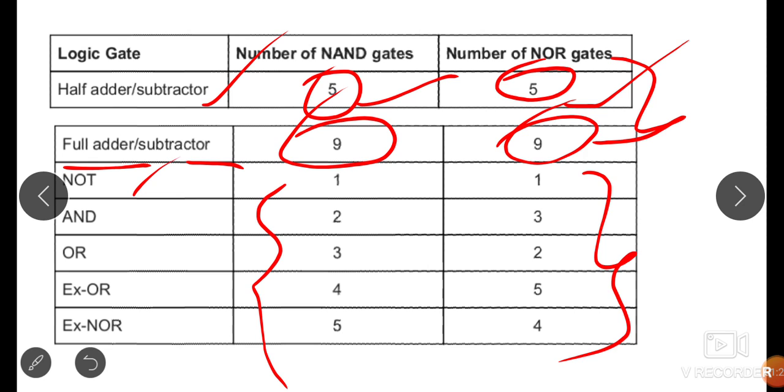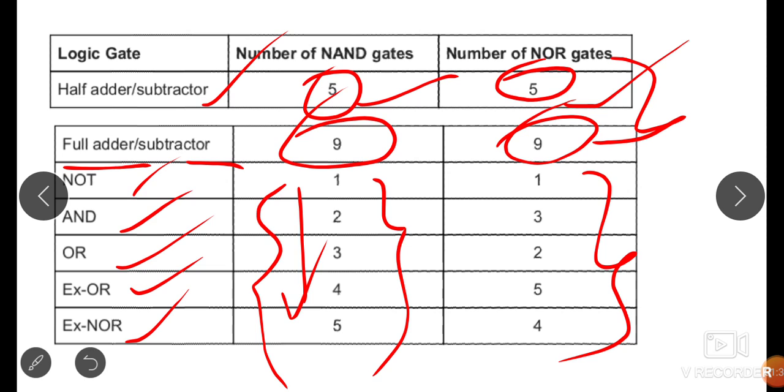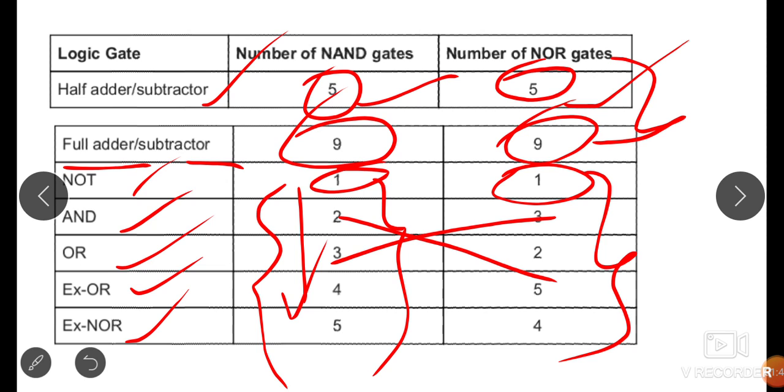First write NOT gate, then NAND gate, OR gate, XOR gate and XNOR gate, in this order. Then write 1 2 3 4 5 in increasing order. Now see that this one and this one are the same, but these two and these three are swapped, and this 4 and these 5 are swapped.